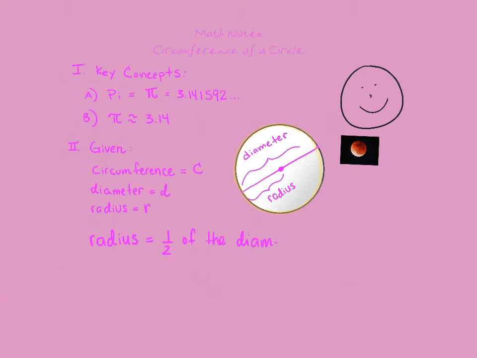See if you understand why this is. The reason, in case it's not super obvious, is that if you get two of these radii, you make one diameter. So the radius is actually half of the whole diameter of the circle.